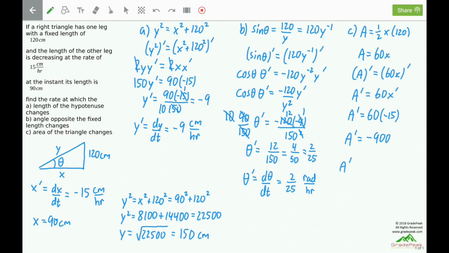So our A prime, or dA dt, will be -900. Units of area. Area is length squared. We're in centimeters here. And then per time, which is in hours. So centimeters squared per hour. It's negative, indicating that the area is actually decreasing.